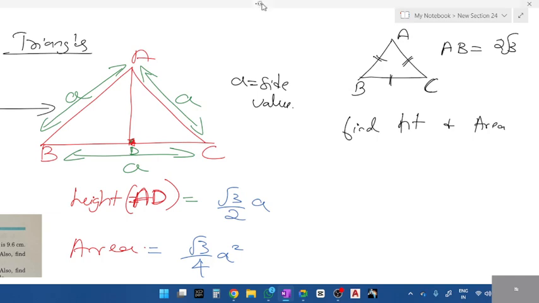Yes, done. I will draw the diagram and make a note of the formulas: root 3 by 2a and root 3 by 4a square.